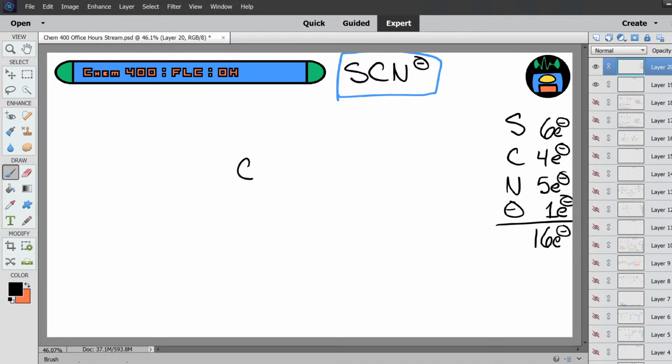Lauren, you are so totally welcome. I'm going to spend 4 connecting both sulfur and nitrogen to our central atom. So that leaves us with 12.